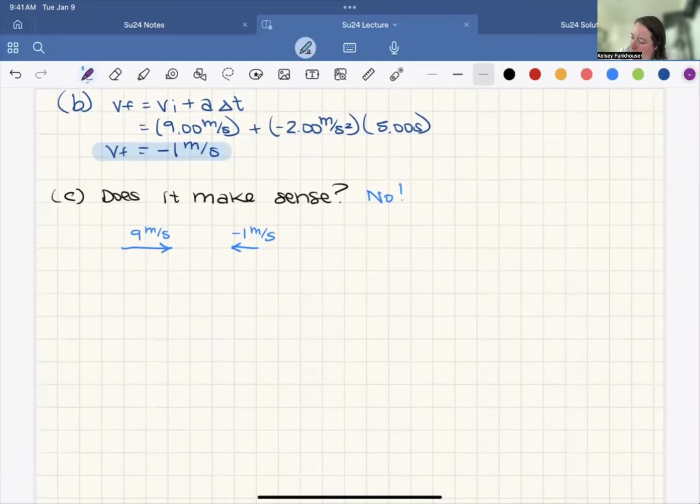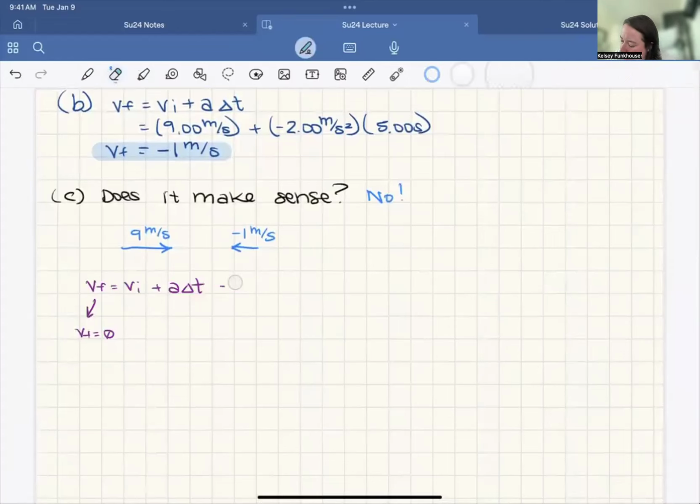So if we look at the same equation as part B, V final equals V initial plus acceleration times delta t, but instead we ask, what time will it take so that the final velocity is 0? So we can solve for the time interval.